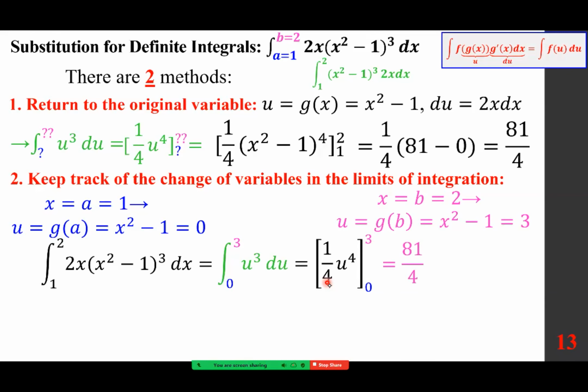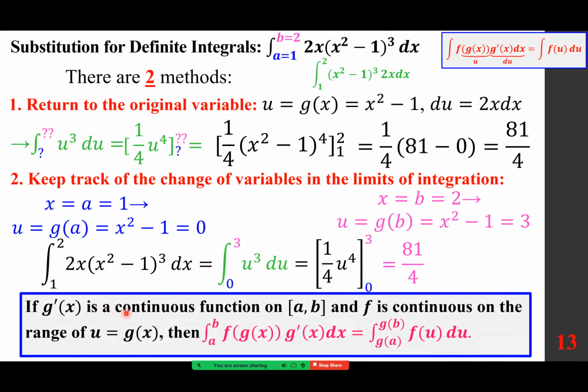Which gives rise to this theorem. If g prime of x is a continuous function on the closed interval of a to b, and f is continuous on the range of u or g of x, then the integral from a to b of f of g of x, g prime of x dx is the same as the integral of f of u du from g of a to g of b.